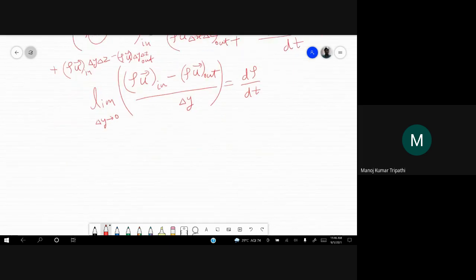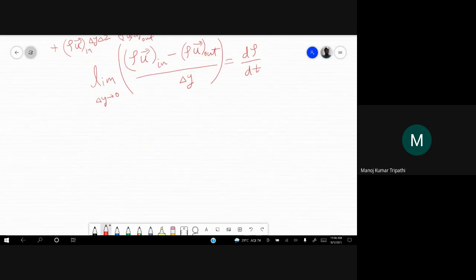We will go to a complete derivation, but right now you can see that we have derived the mass conservation law in terms of velocity, density, and the derivatives of density and velocity.